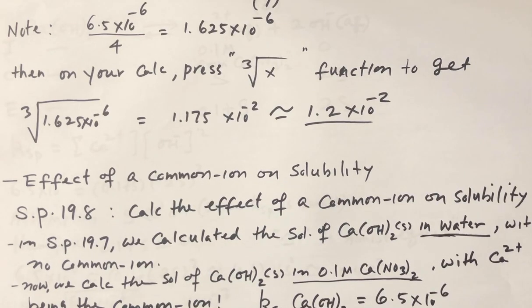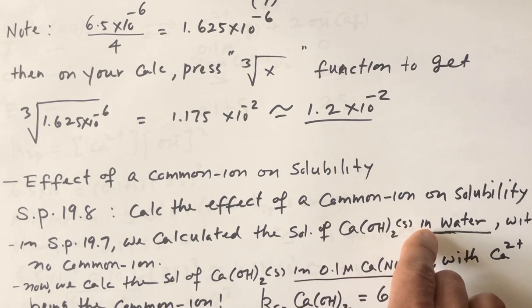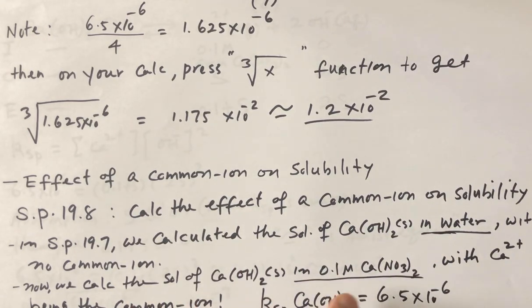Okay, now, this problem showed us how to calculate the solubility in water with no common ion being present. Now, the question becomes, what happens if we take the same compound, but instead of water, place it in an environment where there is a common ion present?